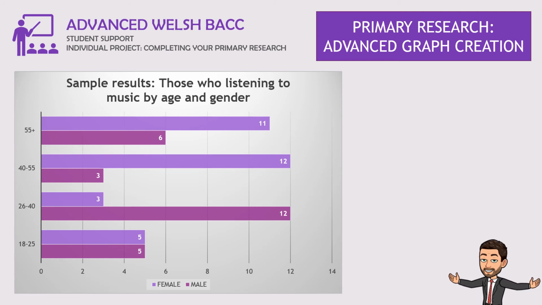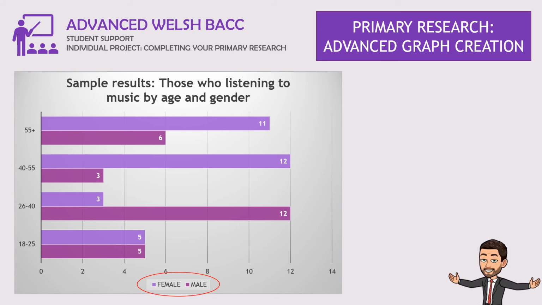Now, adding another element to your graph adds another layer of analysis. The example that you can see in front of you now has been broken down into gender. I showed you how to do that in the previous slide, how to edit a graph in that way.